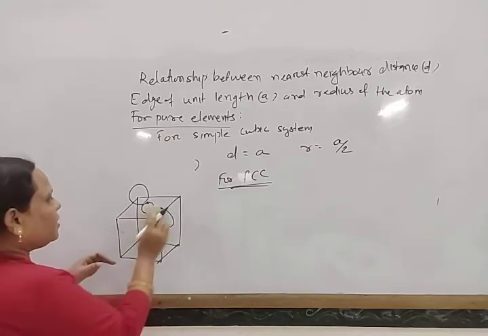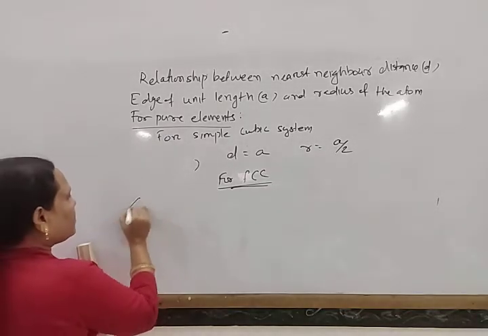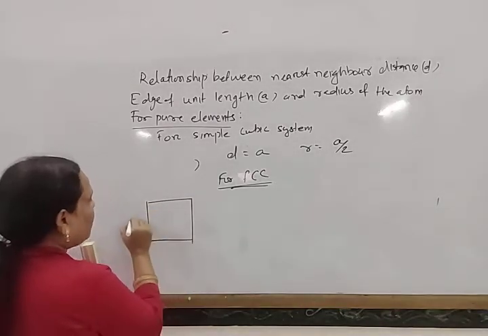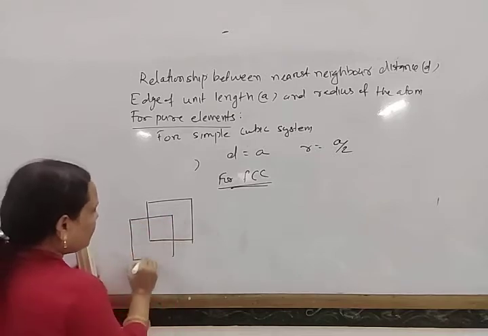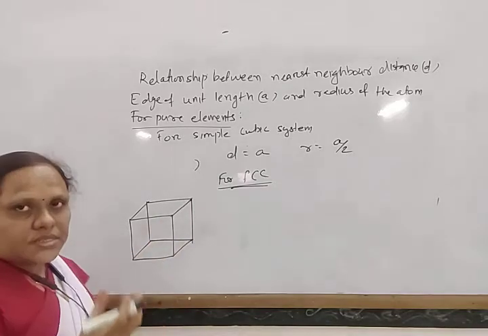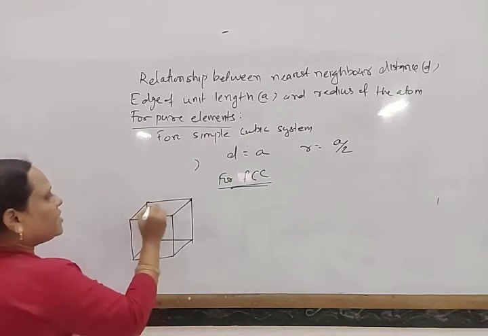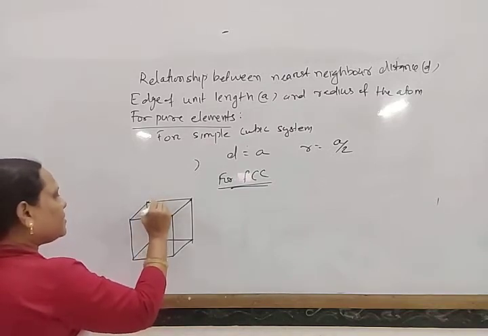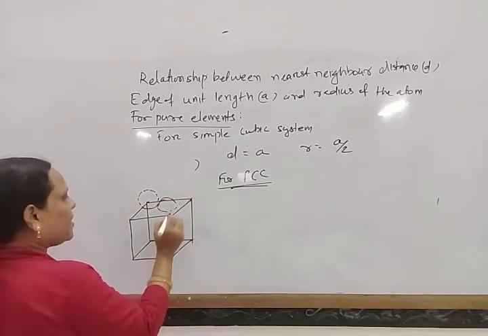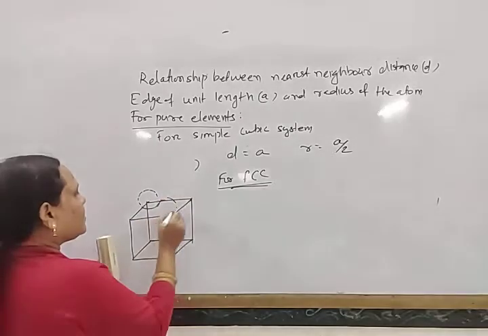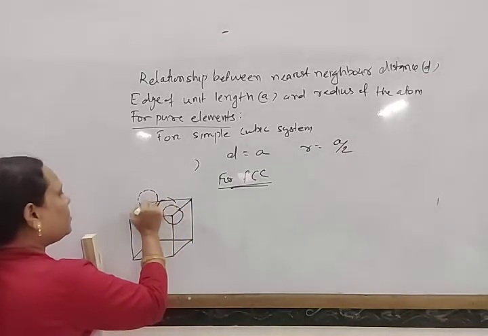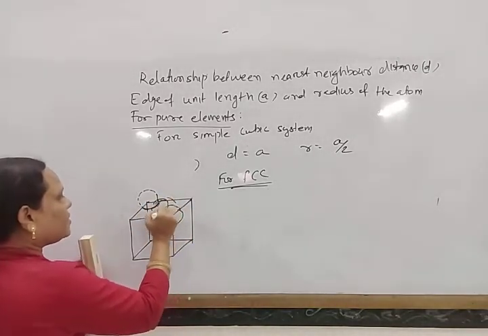A pure element is given, so it consists of only one type of atom. All the spheres, all the particles, have the same radius. So when these are arranged, one atom is arranged like this, and another atom can be arranged like this. If we consider the center, this is the part, and this is another atom.